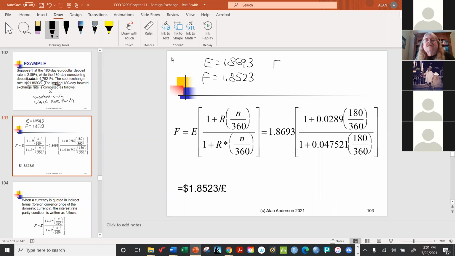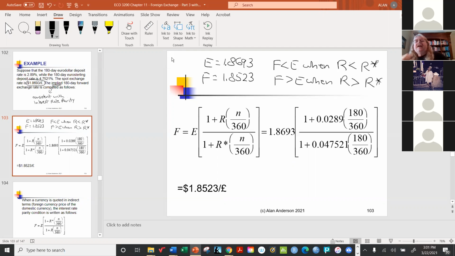So F is less than E. And the reason for that, algebraically, is because the US rate is less than the euro sterling rate. So clearly, if it was the other way around, if the US rate was higher than the UK rate, then you would have F be higher than E. So you can tell when you look at the pattern of forward exchange rates which country has the highest interest rates.